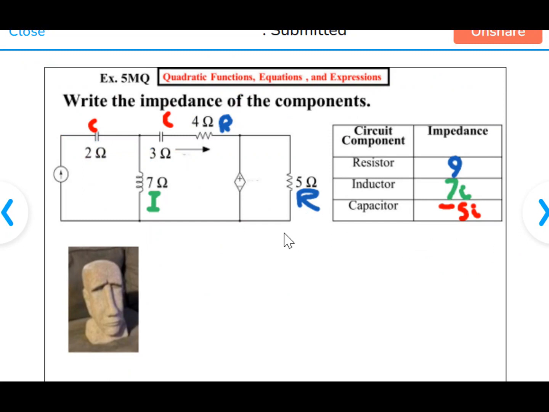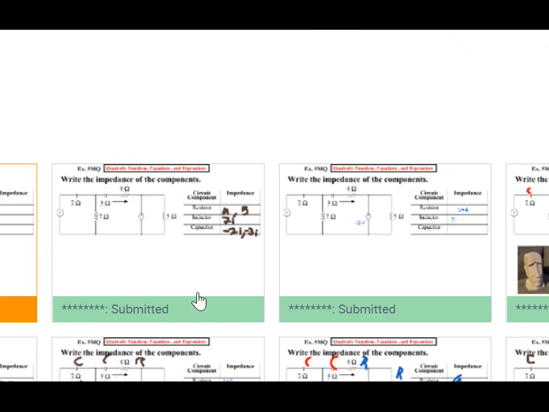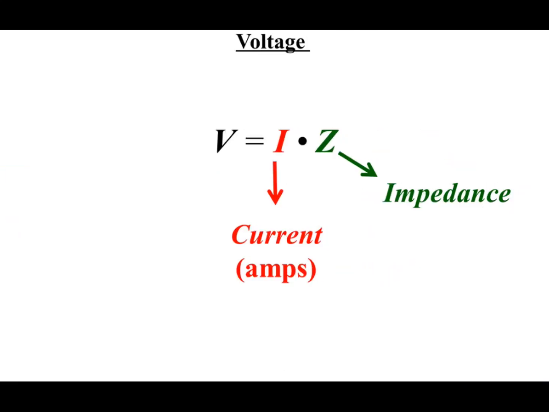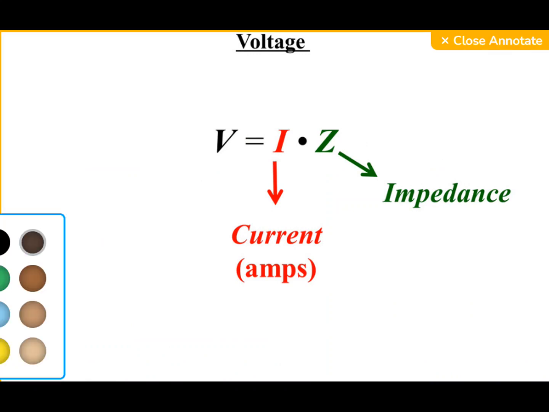Okay. So with that said, copy this formula, please. This formula is the formula that they came up with in order to find the voltage going through a component of any circuit. V stands for voltage.